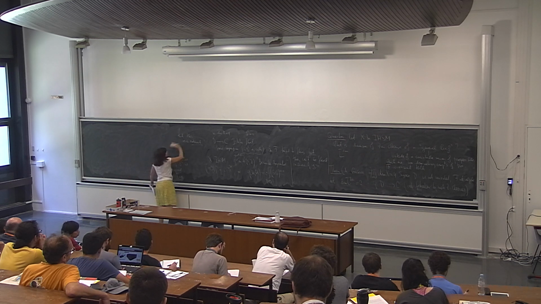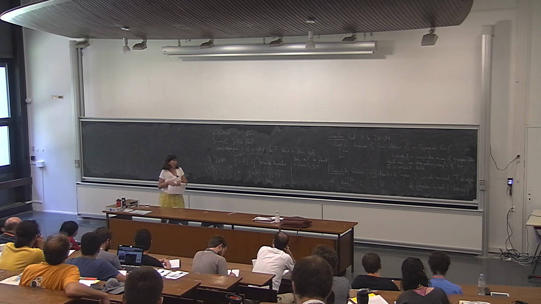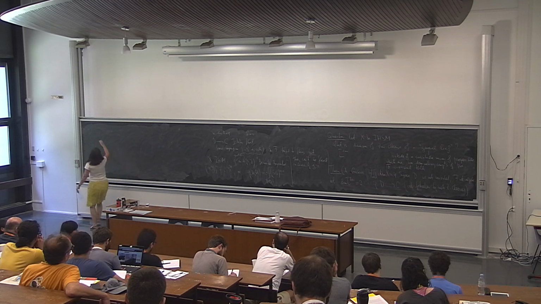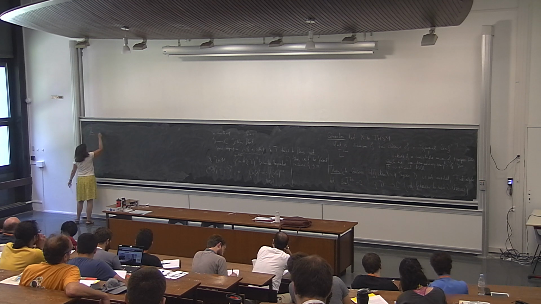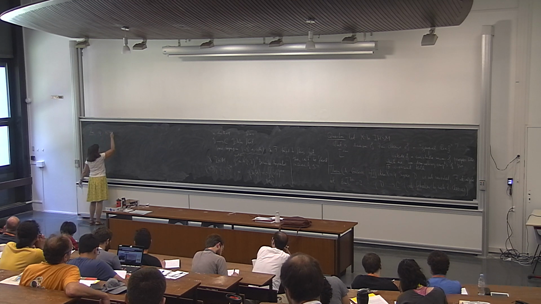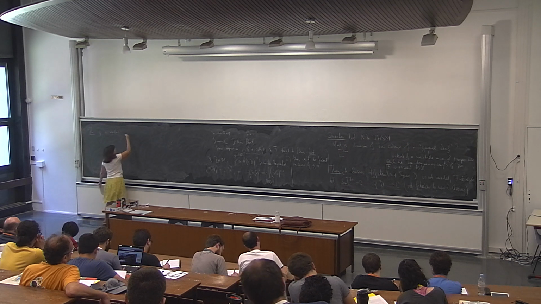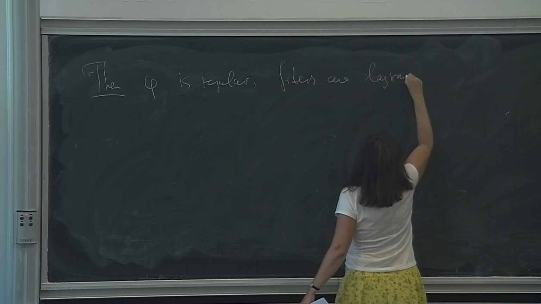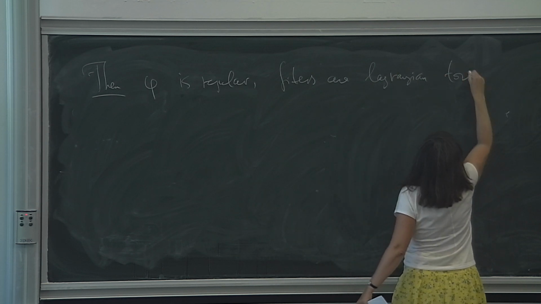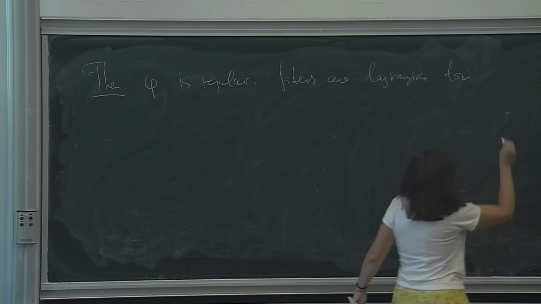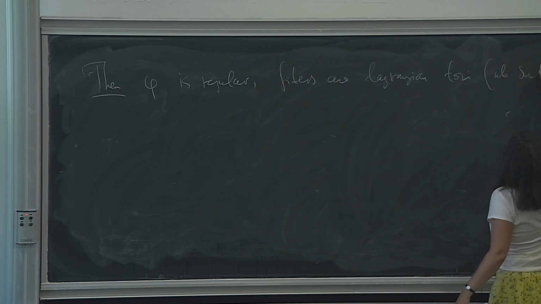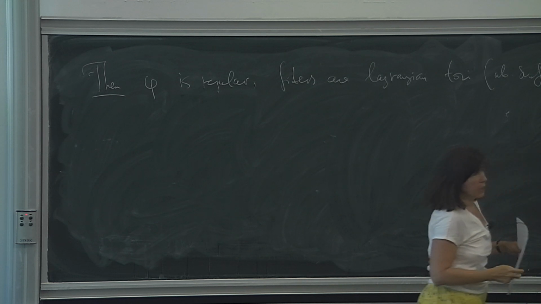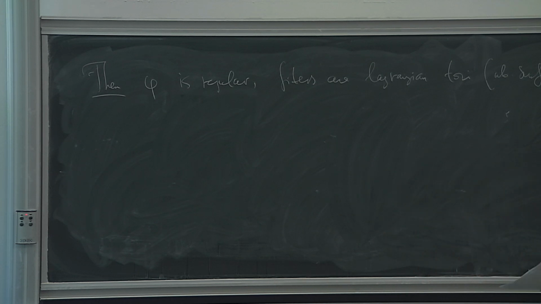Phi is regular, the fibration is in Lagrangian tori, and in fact it extends to a Lagrangian fibration on X. Then phi is regular, fibers are Lagrangian. Right? Well, abelian surfaces. In fact, they are projective even if X is not. It's not difficult to see.